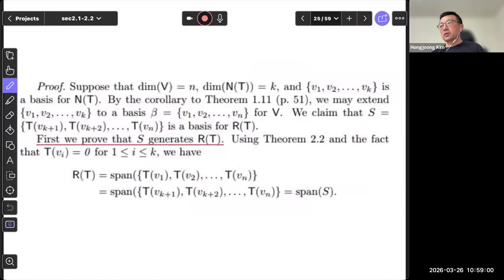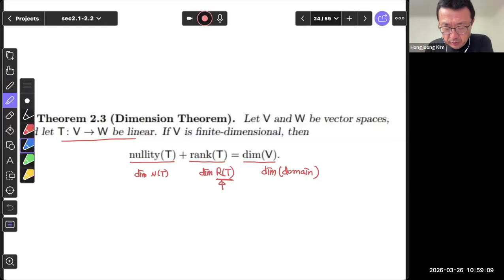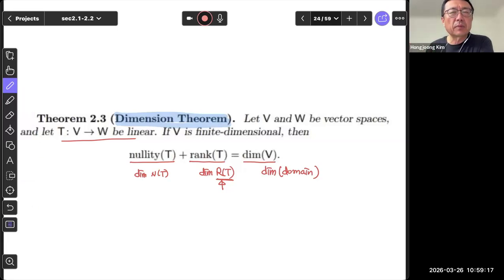Now, since it is a very important and useful theorem, in this textbook this theorem is called the dimension theorem. In some other books, if you read some other textbooks, the same theorem may be called the rank nullity theorem.